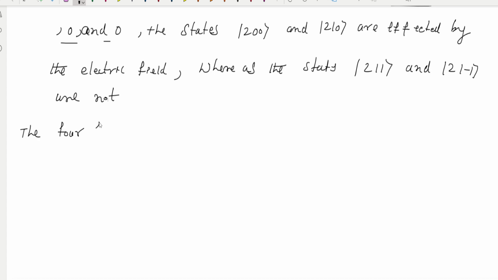The fourfold degeneracy is thus lifted partially.